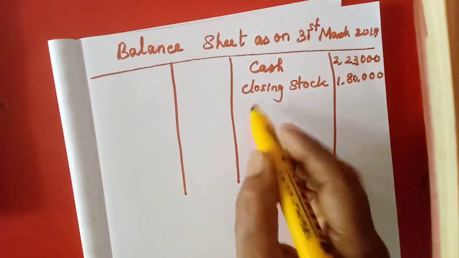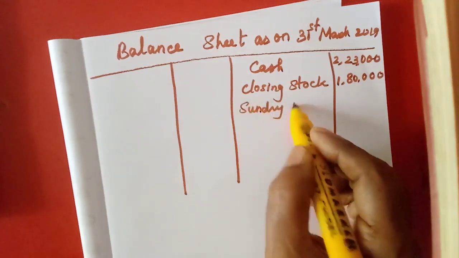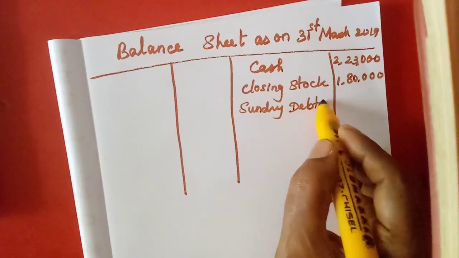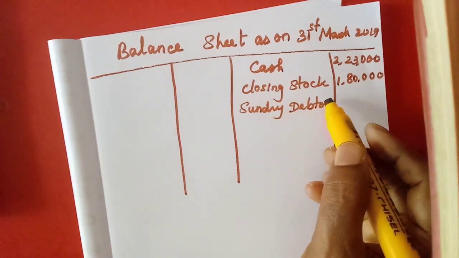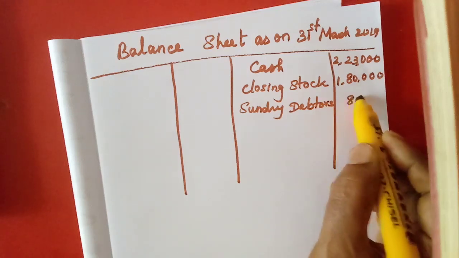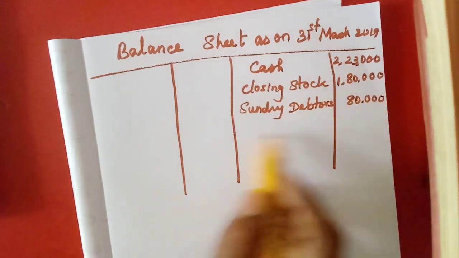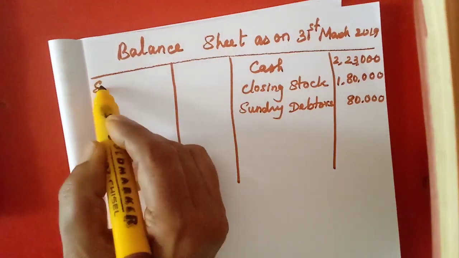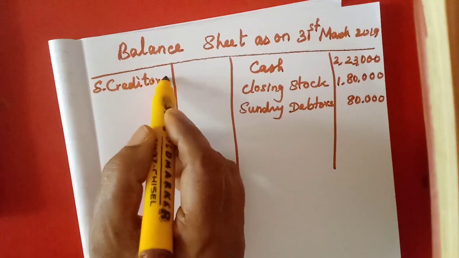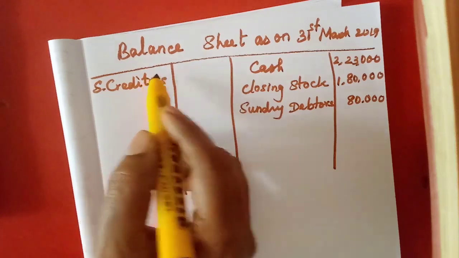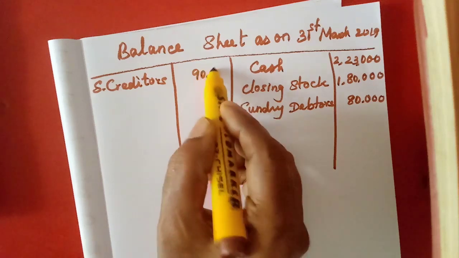Then sundry debtors. This one we have found out from the total debtors account. How much? 80,000. Then write the creditors here. Sundry creditors. If you write line by line, you will not get anything wrong. 90,000.